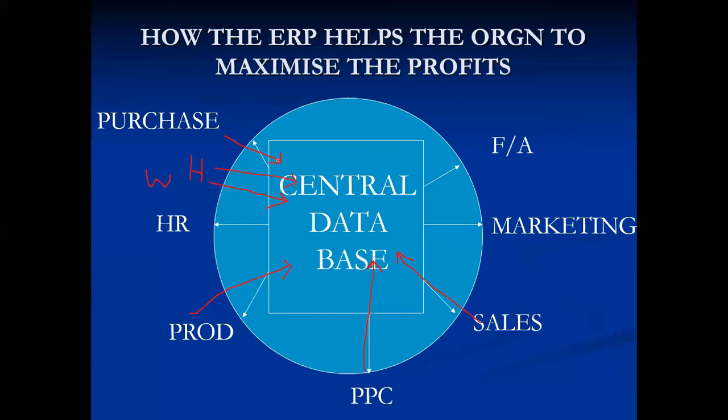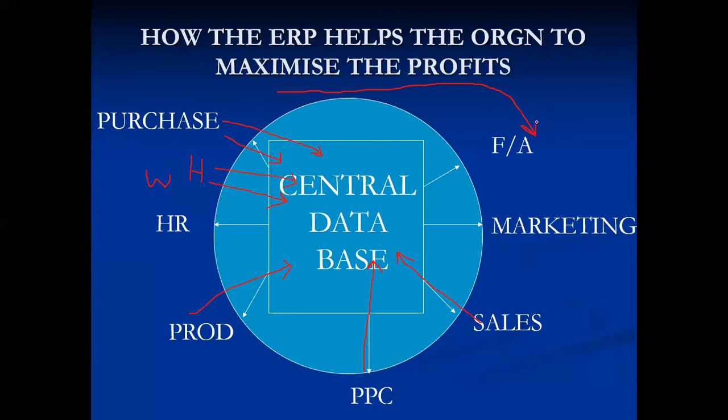Now let us take how the duplication of work is eliminated. Here, in the case of ERP, whenever the purchase clerk receives the purchase invoice from the supplier, that is entered into the common database by the purchase clerk. Then the ERP system will automatically post accounting entries in the accounts department. Then where is the need to send the same invoice again to the accounts department?